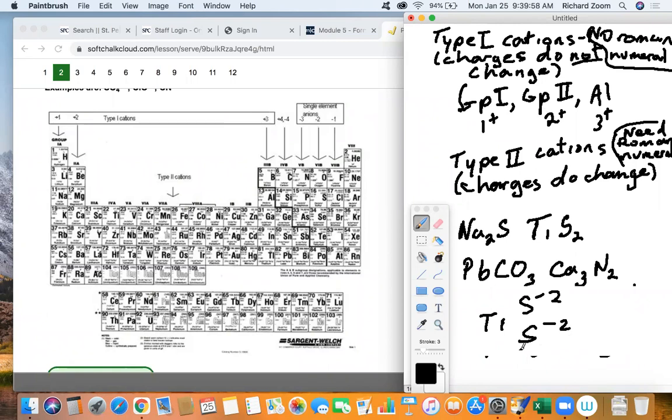So I do -2, -2, makes it -4, which makes it titanium +4, because again, everything has to balance out. So the name of this then would be titanium(IV) sulfide.